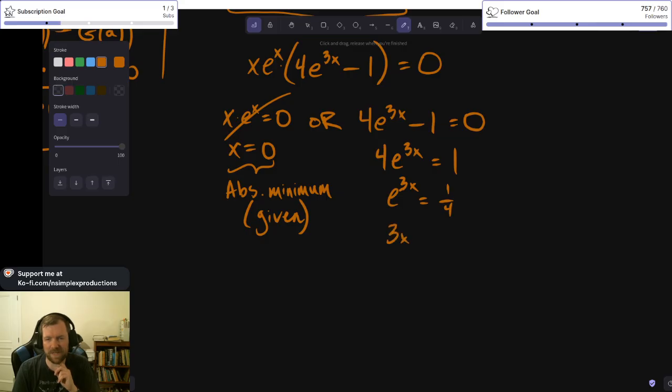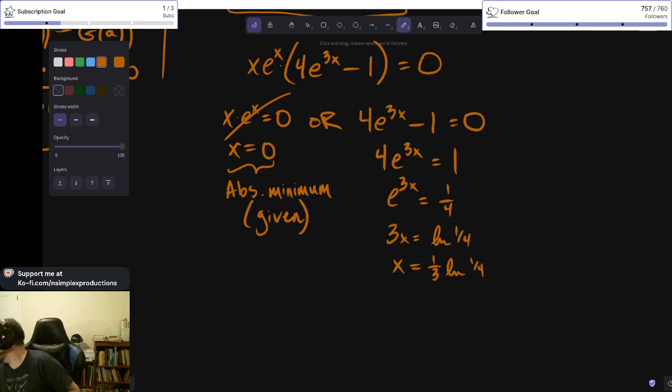So we're going to get 3x is equal to the natural log of 1/4. And therefore x equals 1/3 natural log 1/4, which is not one of our possible solutions. So, yep, I messed up somewhere.